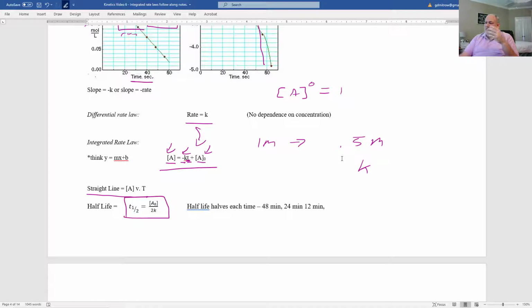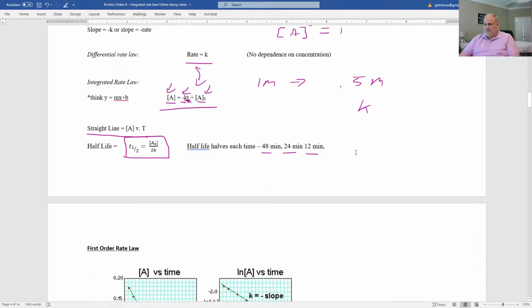And by the way, I'm saying half-life without actually having taught you half-life. Half-life is the amount of time it takes to lose half of your original amount. So for zero order, it takes a certain amount of time to lose half the amount, but then the next half that you lose takes half that amount of time, and the next half takes half that amount of time. So the half-lives for zero order always get smaller by 0.5.